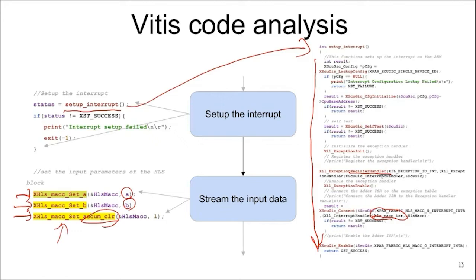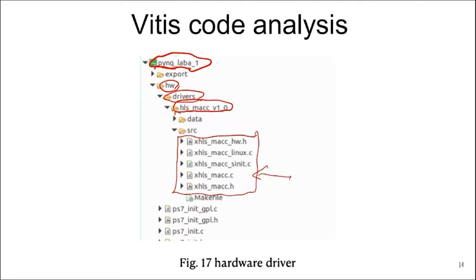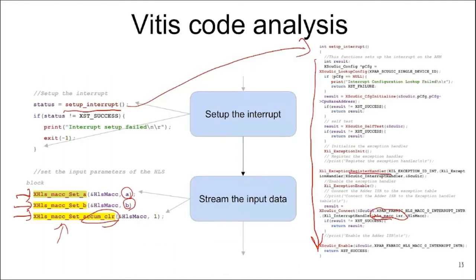In the Vitis, you can see here is your hardware platform, okay? You should check the hardware driver in your IP and it will show the API call. In for example this file, you can see the actual correct name you should use. Otherwise, you will just fail in this part.